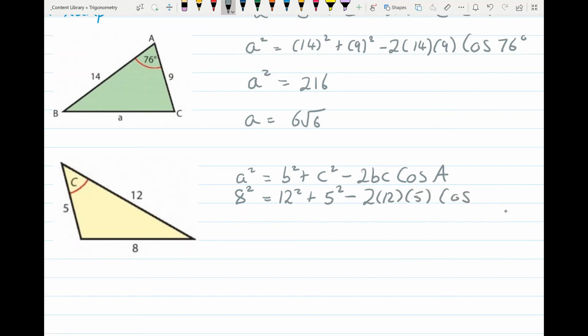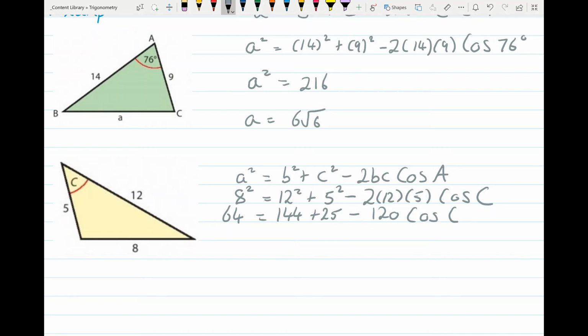And fill in cos C this time because the angle is called C. Calculator work again, we're going to be saying 64 equals 144 plus 25 minus 120 cos C.